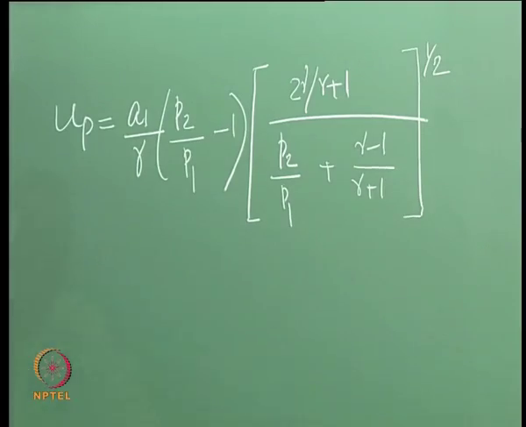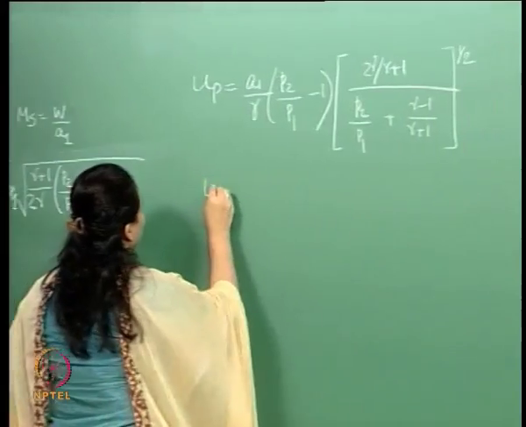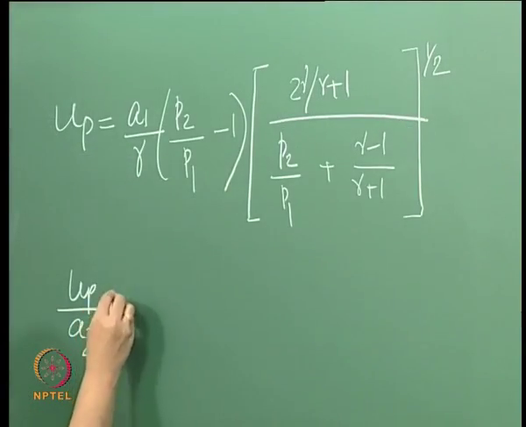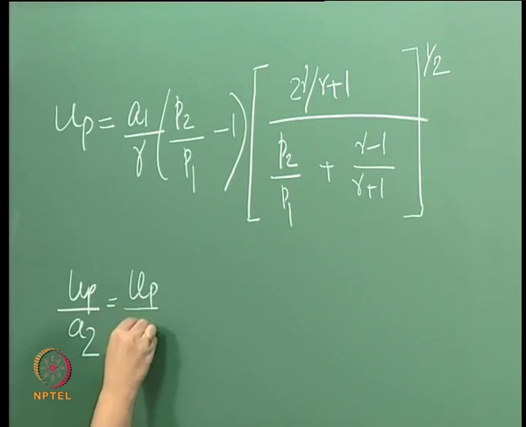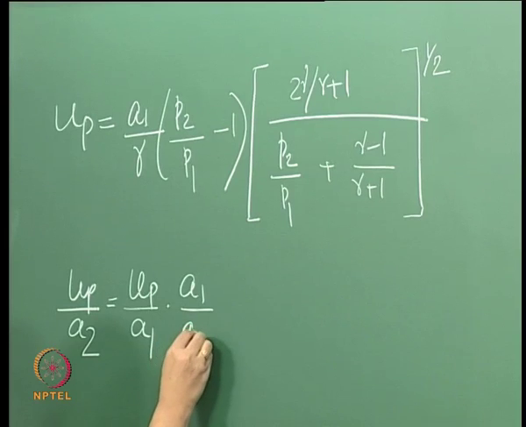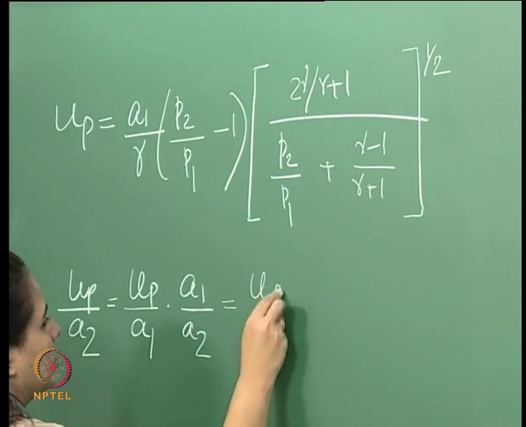Now let us see what now. So this is the region in which UP is functioning. If I have to write this UP by A2, we can write this as UP by A1 times A1 by A2.